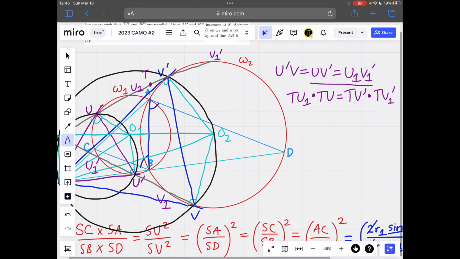But that's obvious because T is the common midpoint of UV1' and U1V'. That means TU1 equals TV' and TU equals TV1'. So yes, T does indeed have the same power with respect to both omega 1 and omega 2, and so it lies on the radical axis of those two circles, which is line AB.